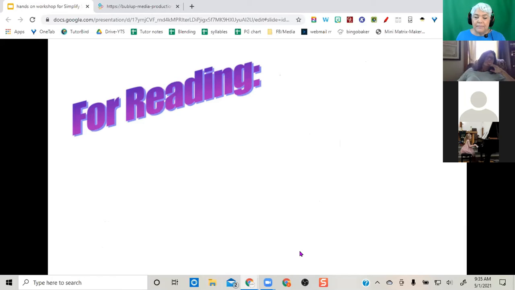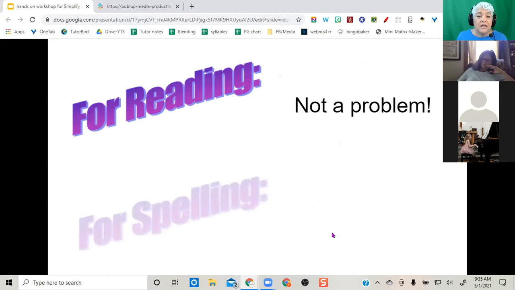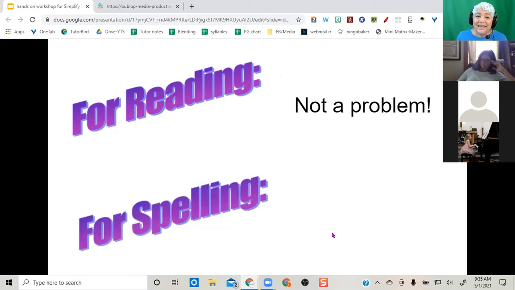So for reading, let's keep our eye on the goal. For reading, usually these syllabic consonants do not give us a problem, and we're going to go through these examples. For spelling, it's an issue because kids will write in a vowel there, or kids will not write in a vowel.